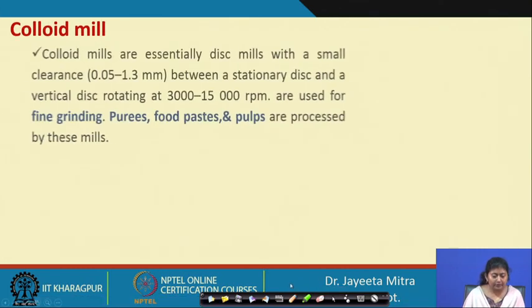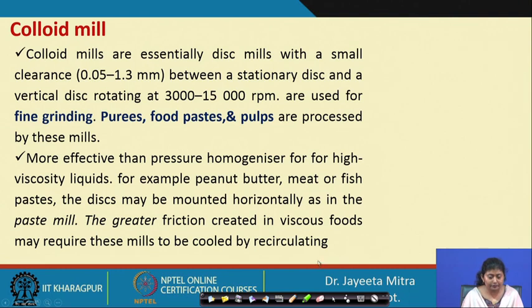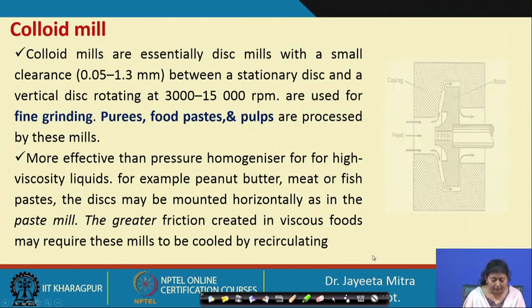Now, the next is the colloid mill. Colloid mills are essentially disc mills with a small clearance of 0.05 to 1.3 mm between a stationary disc and a vertical disc rotating at 3000 to 15,000 rpm. These are used for fine grinding, and puree, food paste and pulp are processed by this colloid mill.